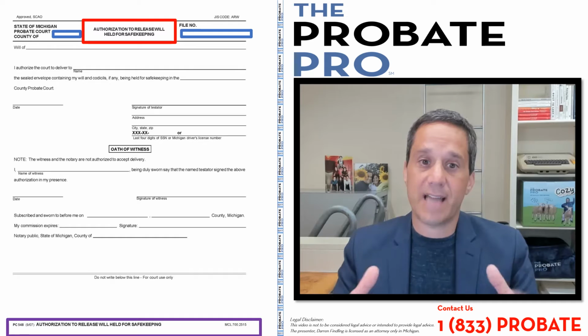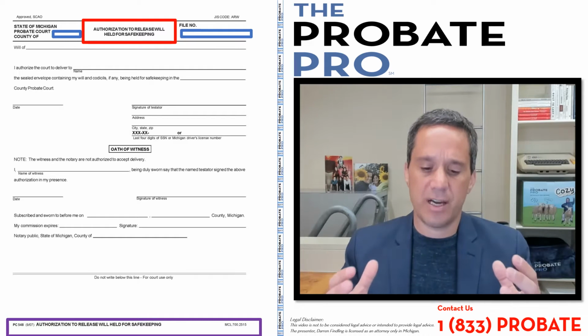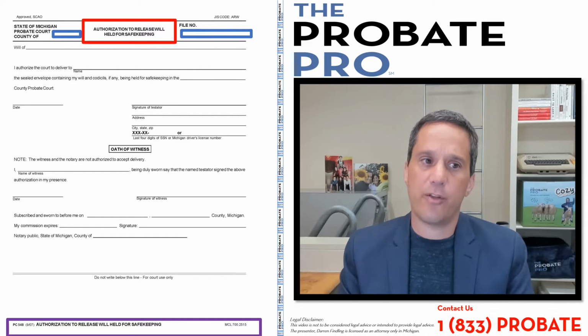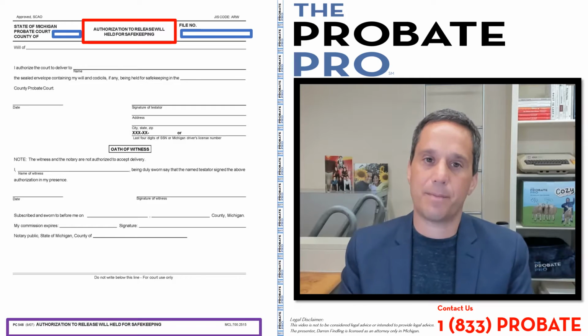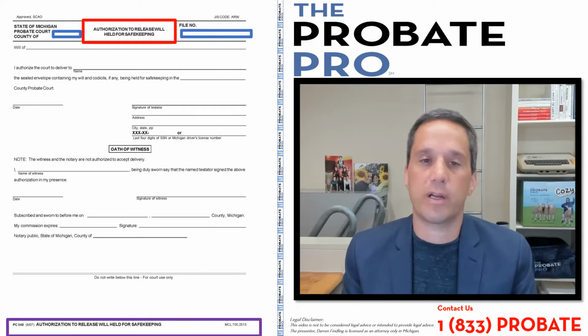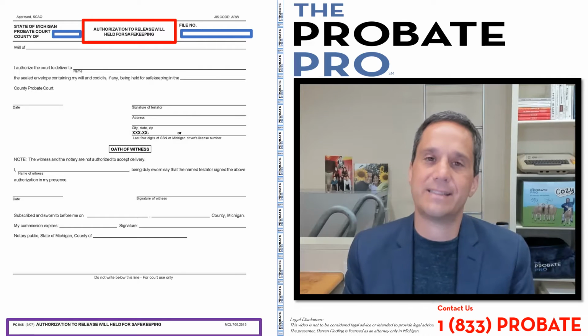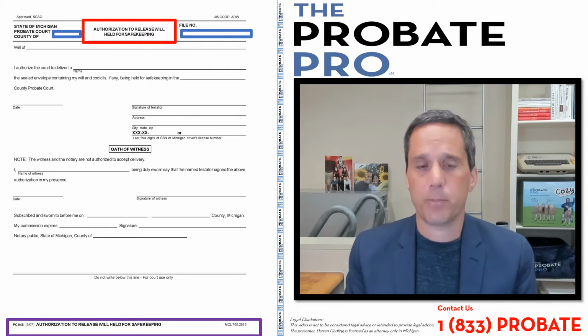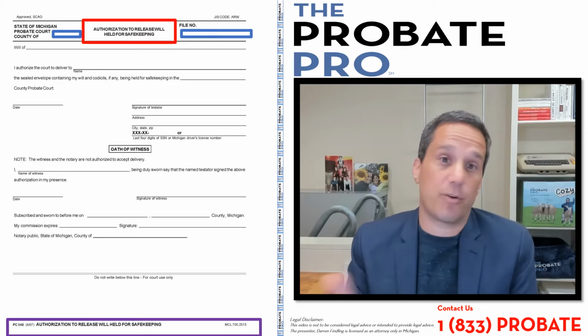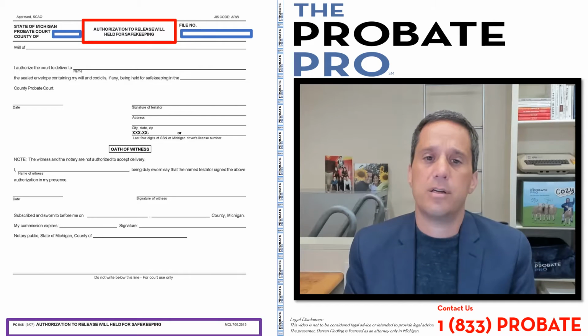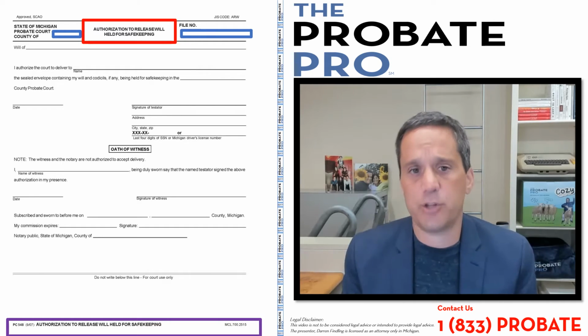So it is confidential, it is not public, and there needed to be a process upon which the person that has stored and delivered the will can then retrieve the will to release it when it's held for safekeeping.